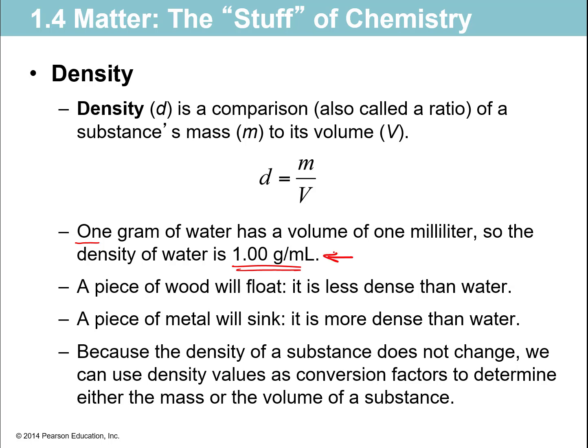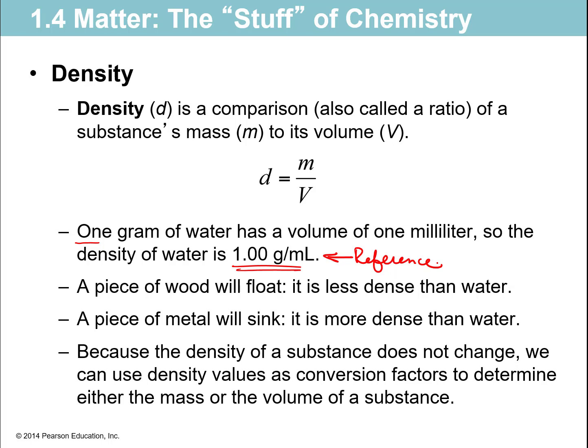So this is kind of the reference that everything is based on. It really helped them develop the metric system. They were like, well, what are we going to call a gram? I don't know. So they came up with this: let's call 1 gram this. And then everything else is going to be varied based on this one set standard. 1 gram of water takes up 1 milliliter of space, so its density is exactly 1.